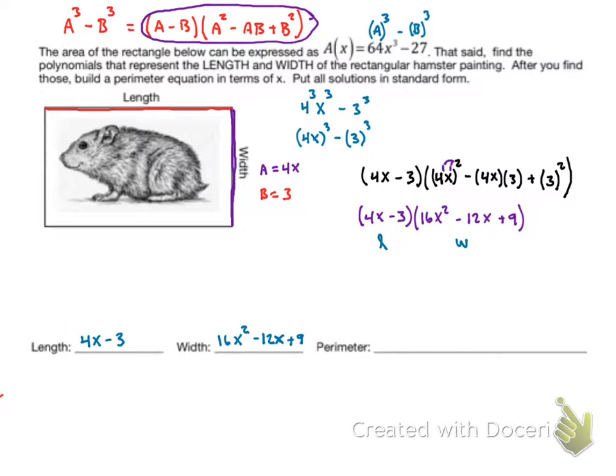And last thing we got to do is find the perimeter. So remember, the formula for perimeter equals 2 times the length plus 2 times the width.